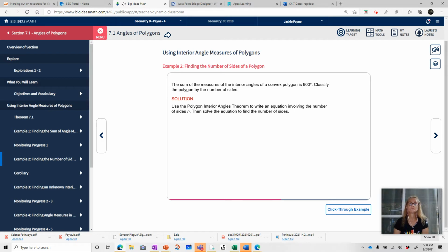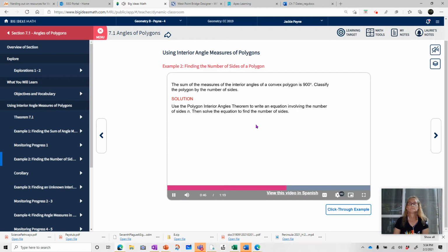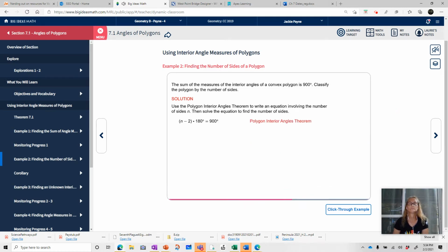So you can write the equation, the quantity n minus 2 times 180 degrees equals 900 degrees. Now, to solve for n, first divide each side of the equation by 180 degrees. This gives you n minus 2 equals 5. Then add 2 to each side of the equation. This gives you n equals 7. So the polygon has 7 sides. It is a heptagon.